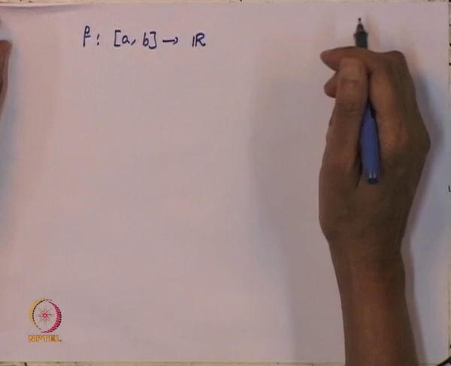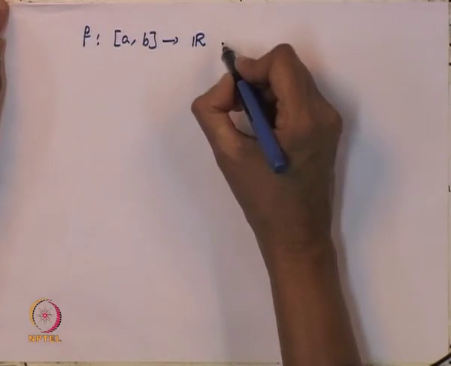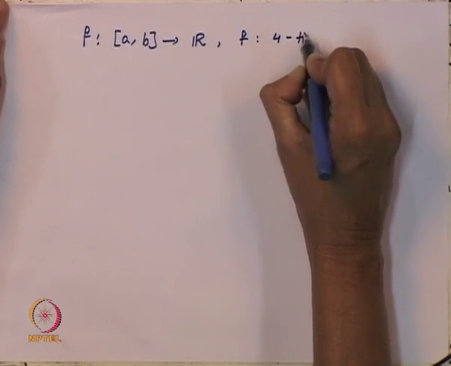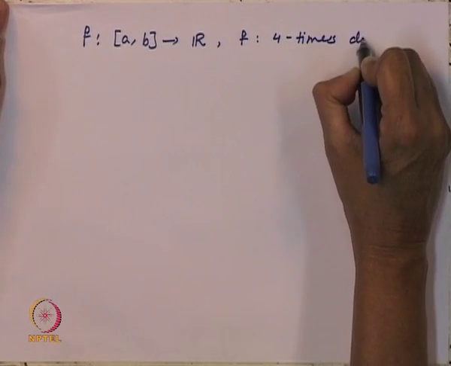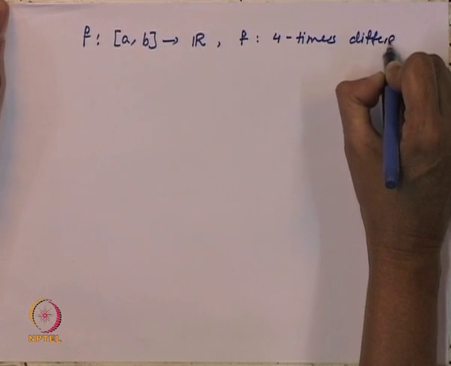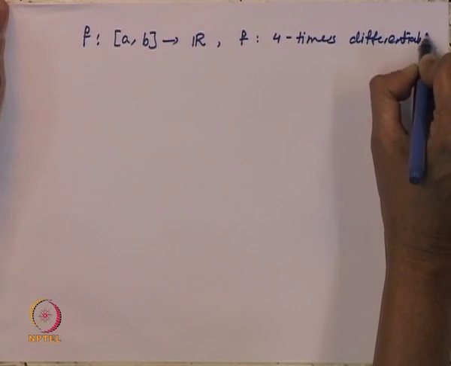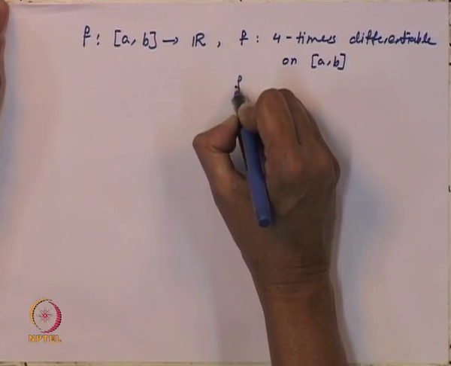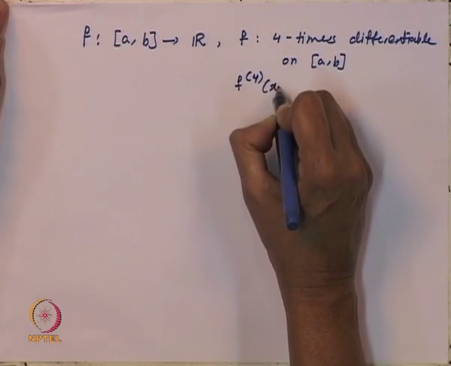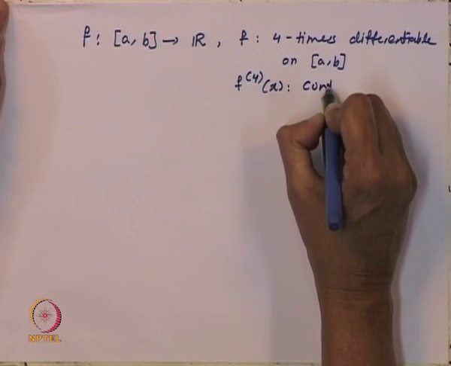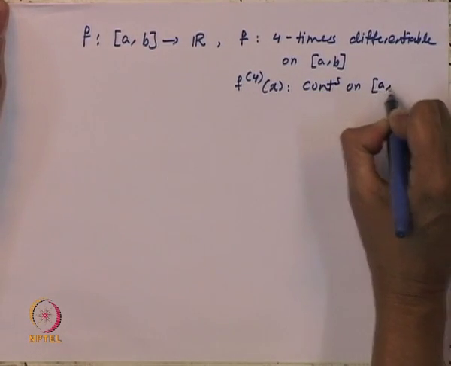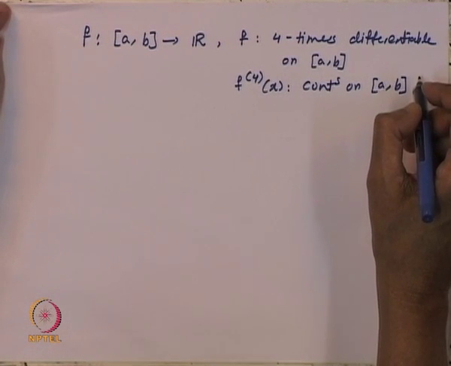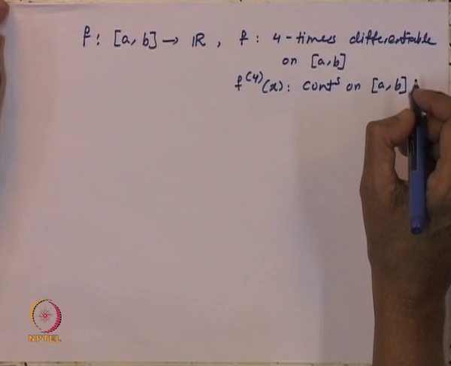The differentiability property of f which we are going to need is f should be 4 times differentiable on [a, b], and the fourth derivative should be continuous on interval [a, b], because we are going to take the maximum of the modulus of f''''(x) for x belonging to [a, b].